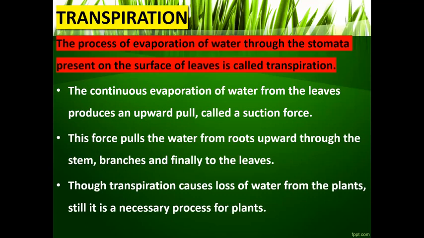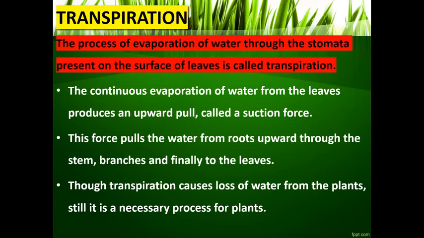The process of evaporation of water through the stomata present on the surface of leaves is called transpiration, or the loss of water from the surface of the leaves and the plants is called transpiration.